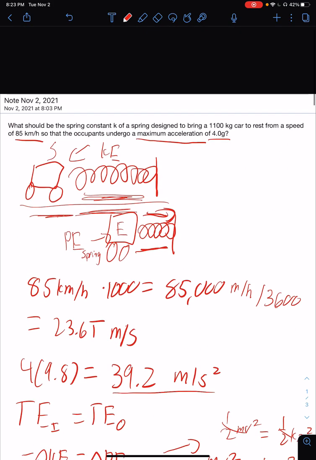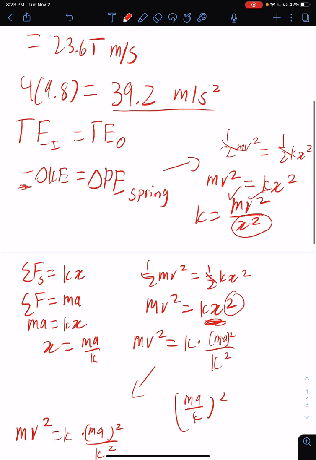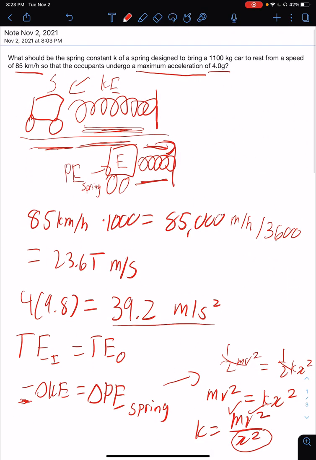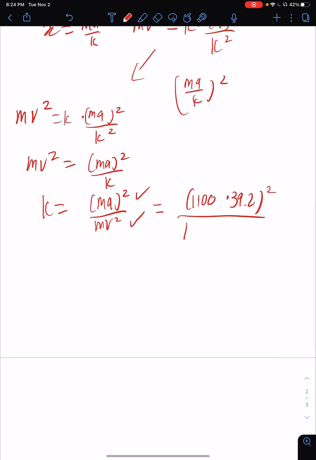Oh, sorry, I wrote the mass wrong. All right, so that's going to be our mass, and now it's mv squared. Remember, we converted from kilometers per hour into meters per second. So 1100 times 23.61 squared.